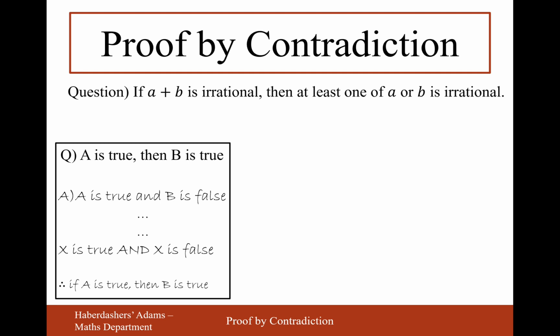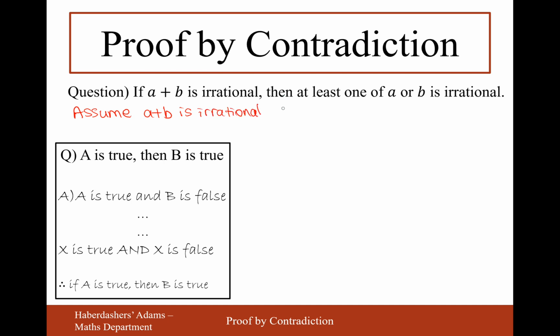Okay, so moving on to the next question. If A plus B is irrational, then at least one of A or B is irrational. So let's do the assumption first, as always. So the first part we'll keep the same. A plus B is irrational.